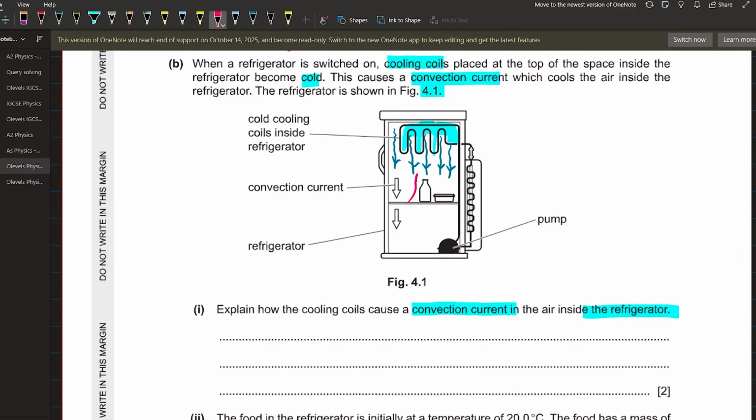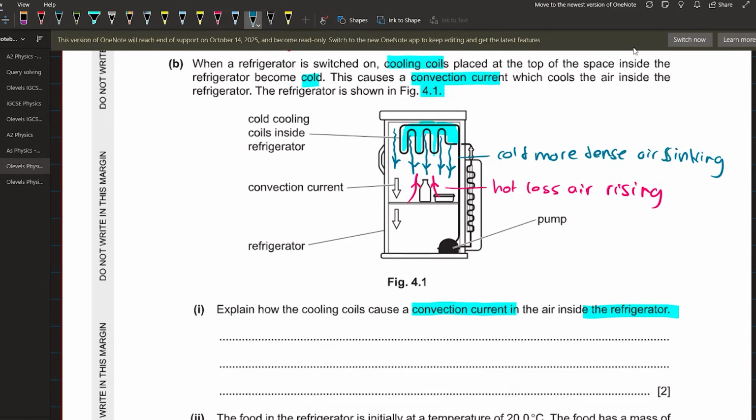Hotter, less dense air from the ground will rise to the top, developing a convection current. तो ये क्या है? Hot, less dense air rising. और दूसरी वाली एयर कौन सी है बेटा? This is cold, more dense air falling. Yeah, sinking.